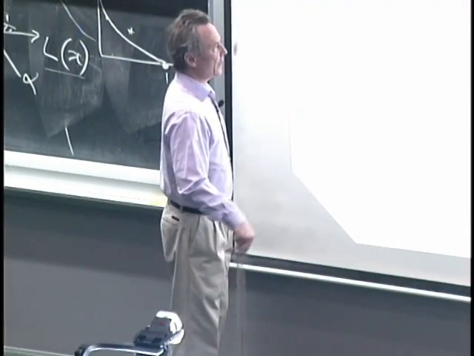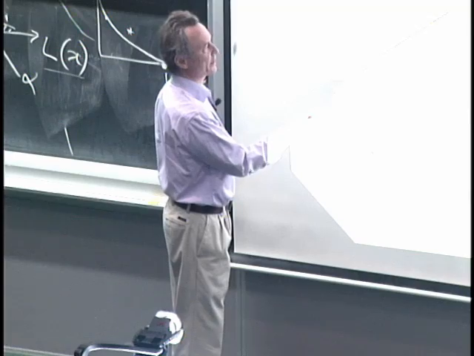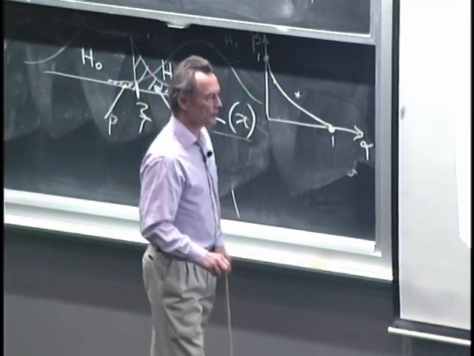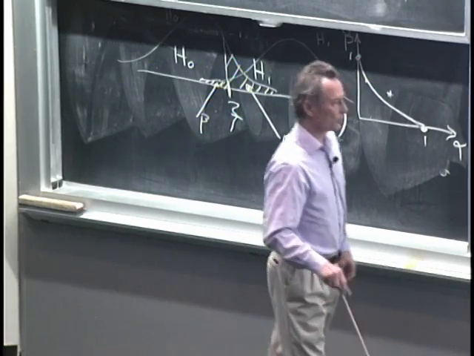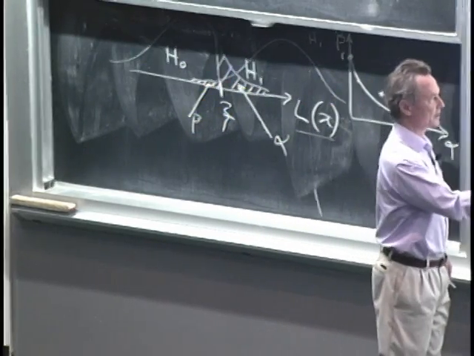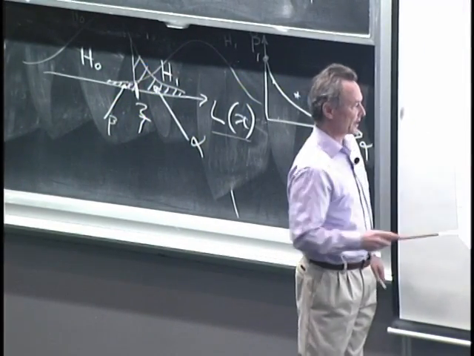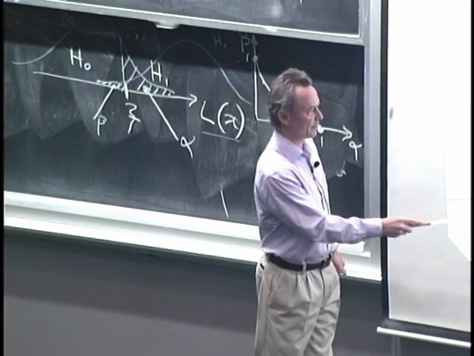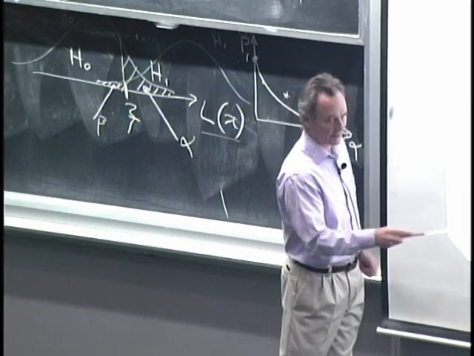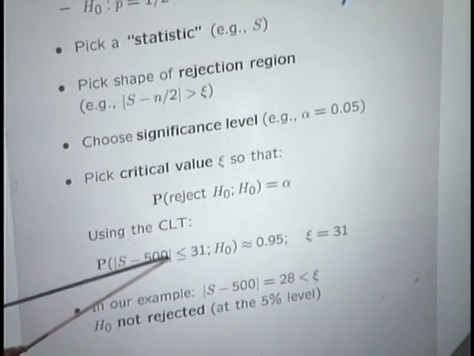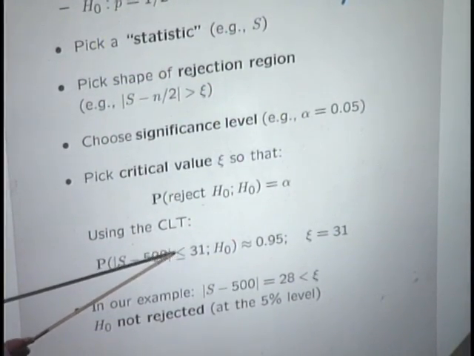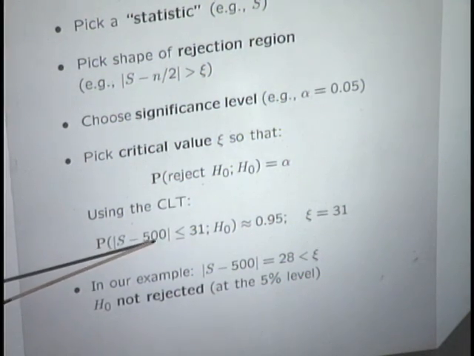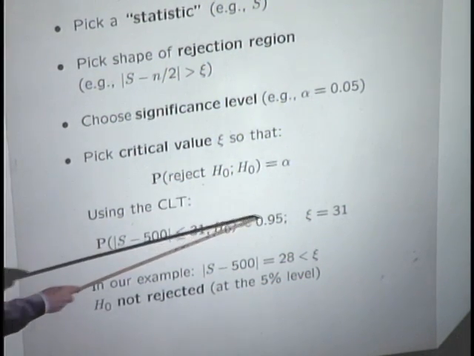So now what's left to do is to pick the value of this threshold. This is a calculation of the usual kind. I want to pick my threshold, my xi number, so that the probability that S is further from the mean by an amount of xi is less than 5%, or that the probability of being inside the acceptance region, so that the distance from the default is less than my threshold, I want that to be 95%.